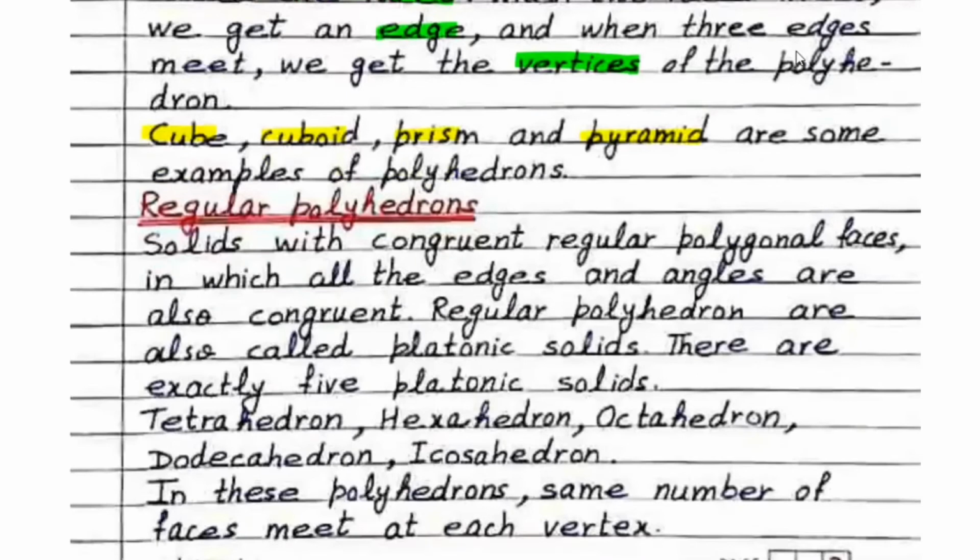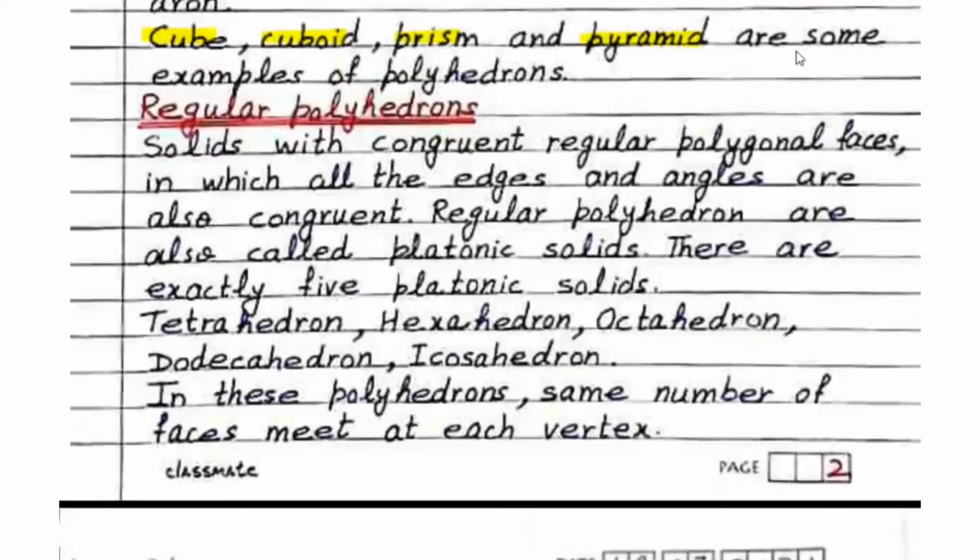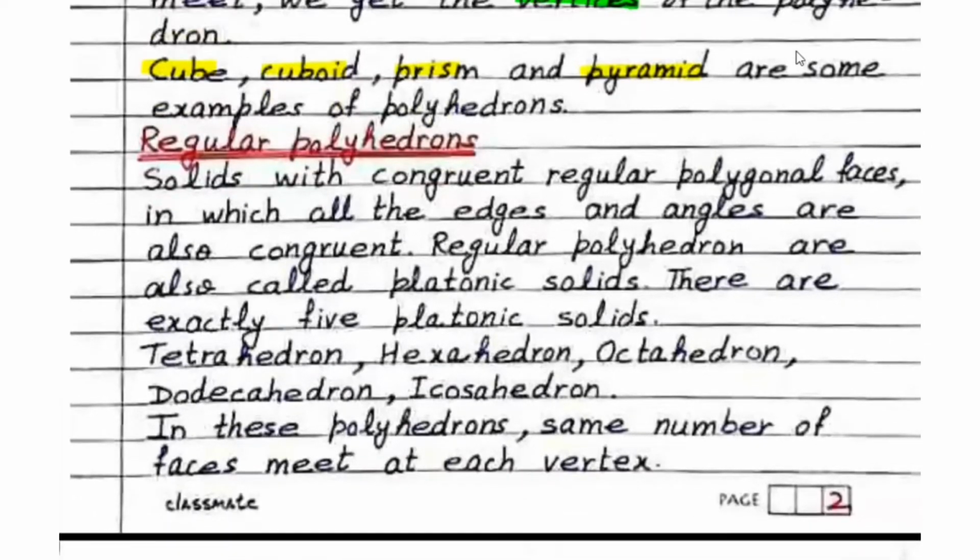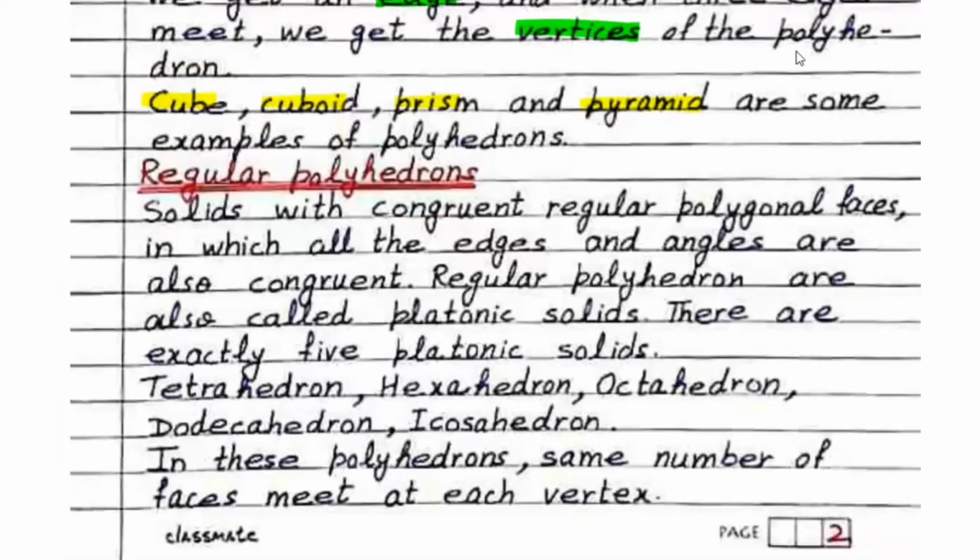Now, let us discuss regular polyhedrons. So, what is a regular polyhedron? Solids with congruent regular polygon faces in which all the edges and angles are also congruent.